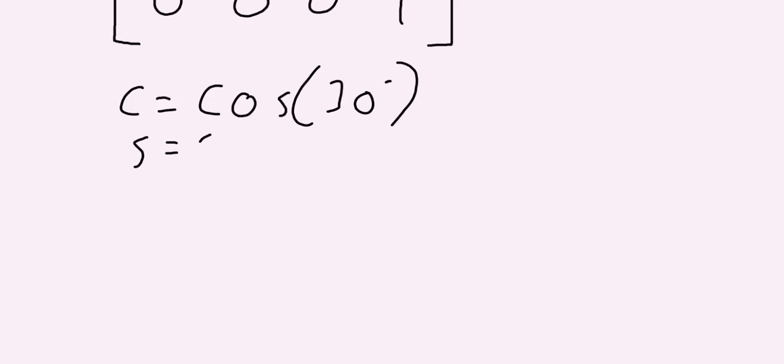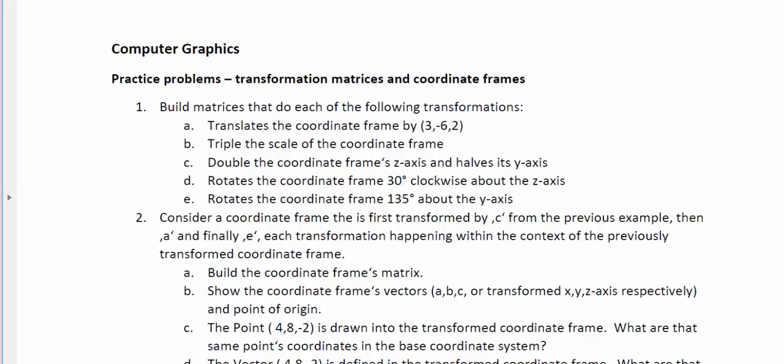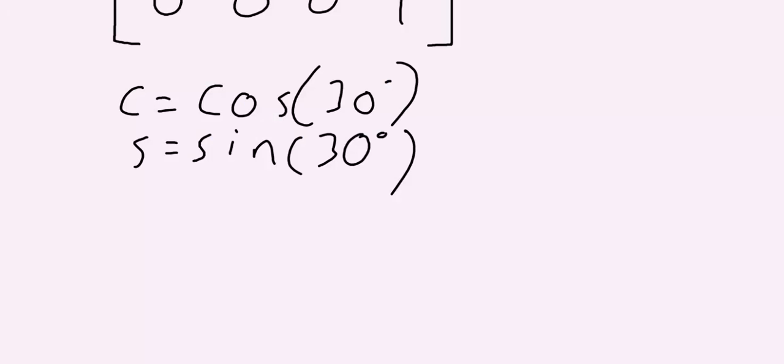We'll say C equals the cosine of 30 degrees, because that's what we're working with, and S equals the sine of 30 degrees. And then the matrix that we build, 30 degrees clockwise about the z-axis.